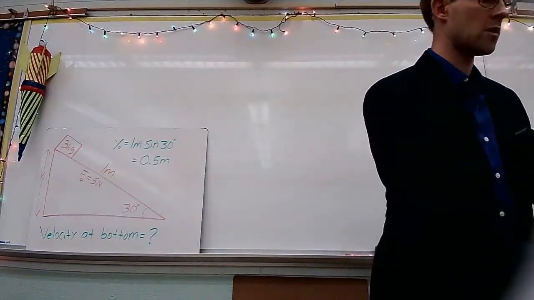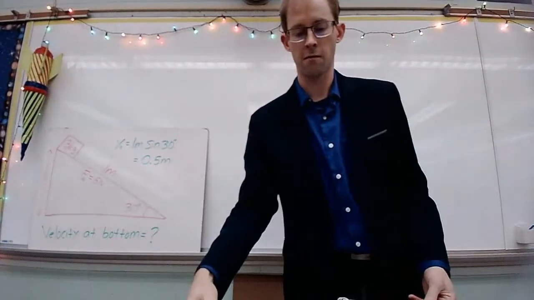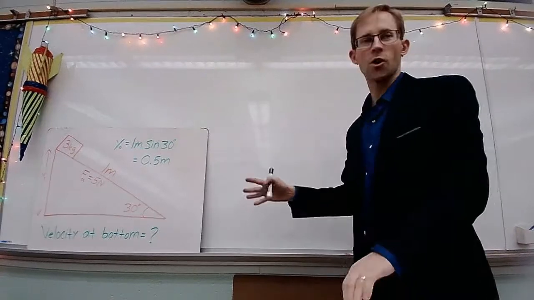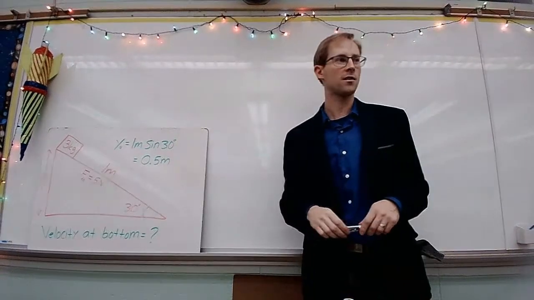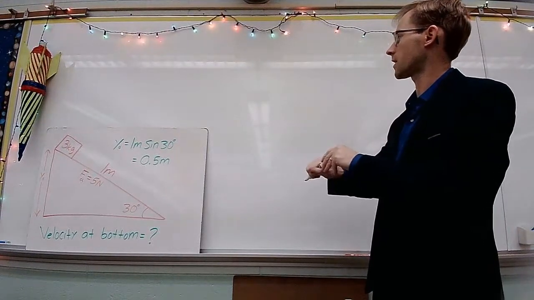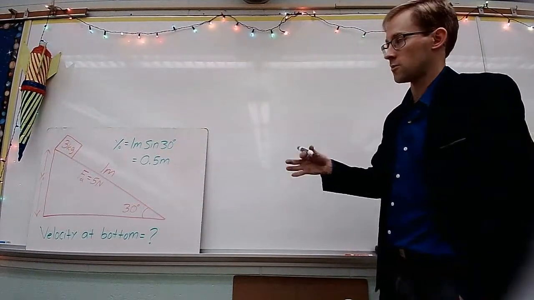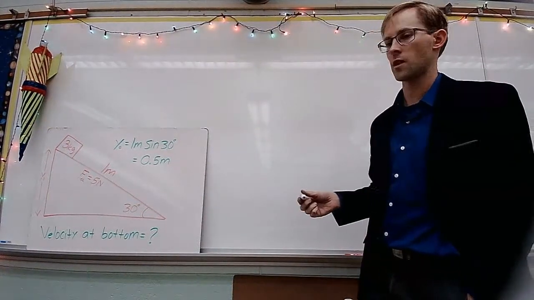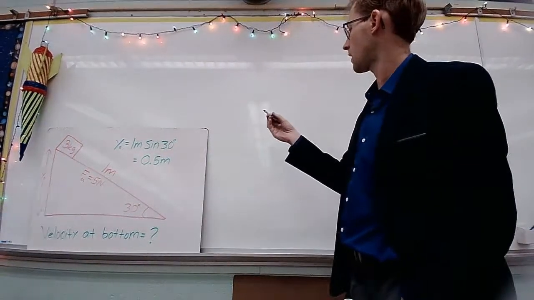Alright, so we're going to be using energy, obviously, to try and figure this out. And what I'm going to do is solve it the way I like to solve it, with that second equation that I described a minute or two ago. So let's just start from the beginning, work our way through, and hopefully we're left with just one unknown in that equation.